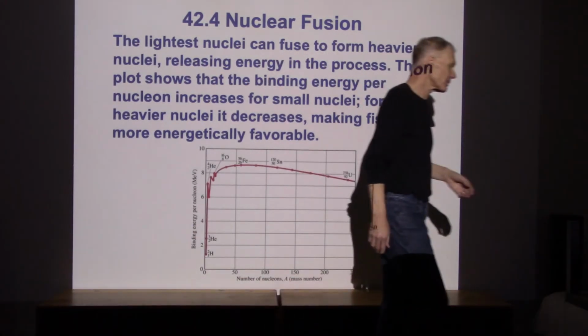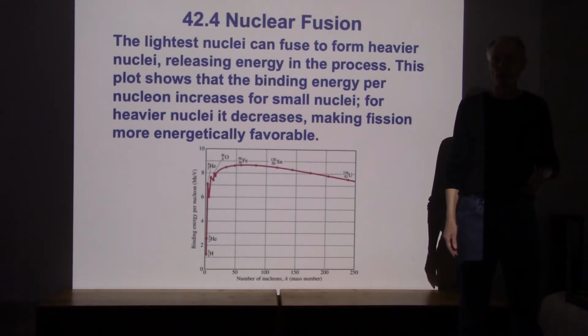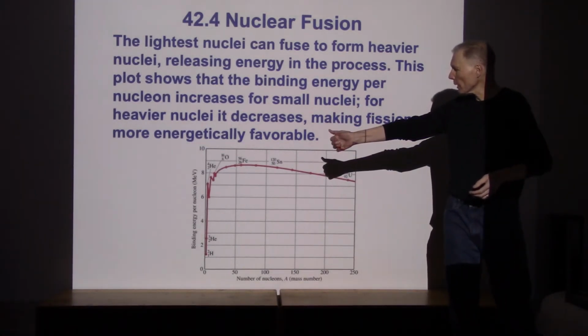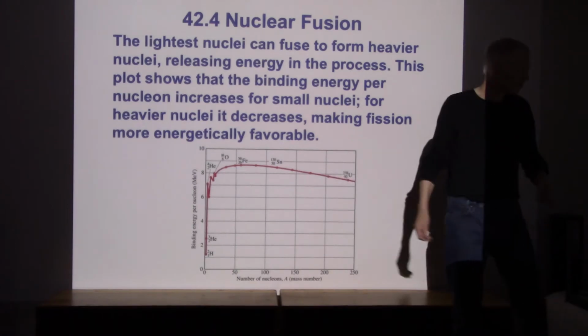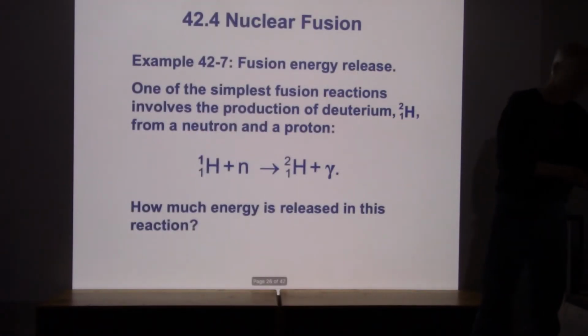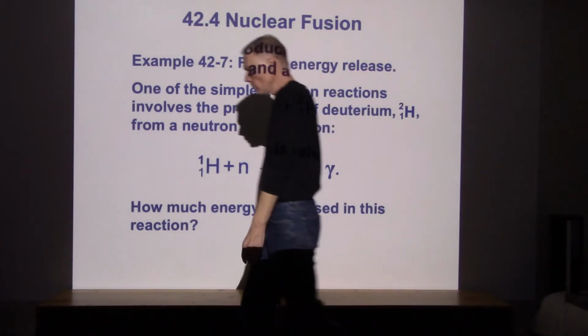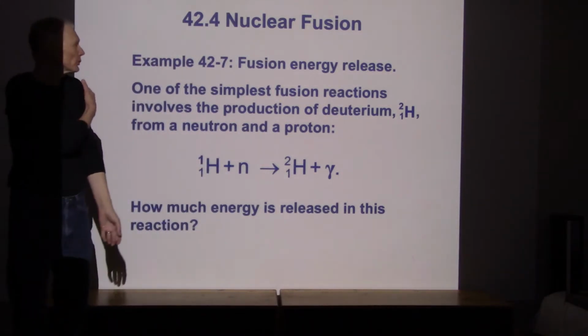And that process is called nuclear fusion. So fusion is starting from those lower elements with not such high binding energies and creating things that have much higher binding energies.